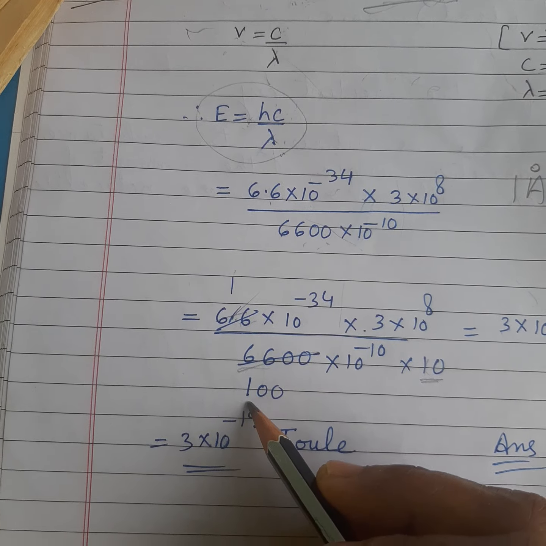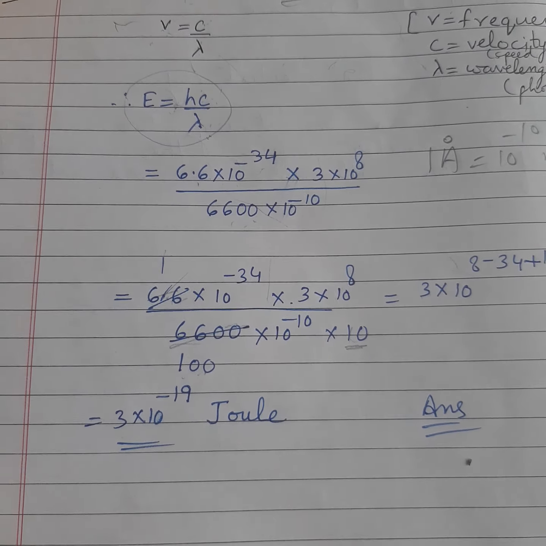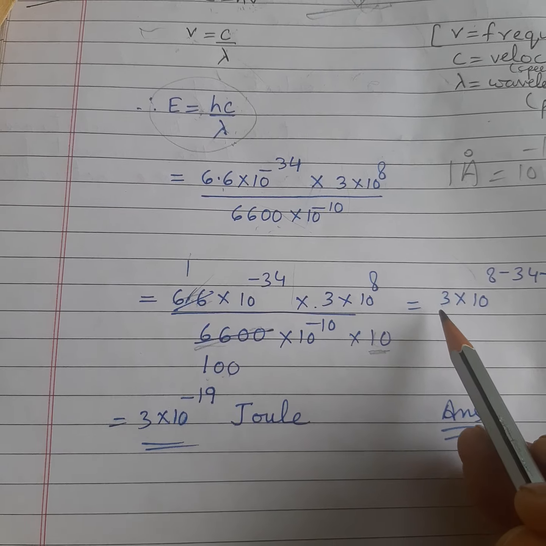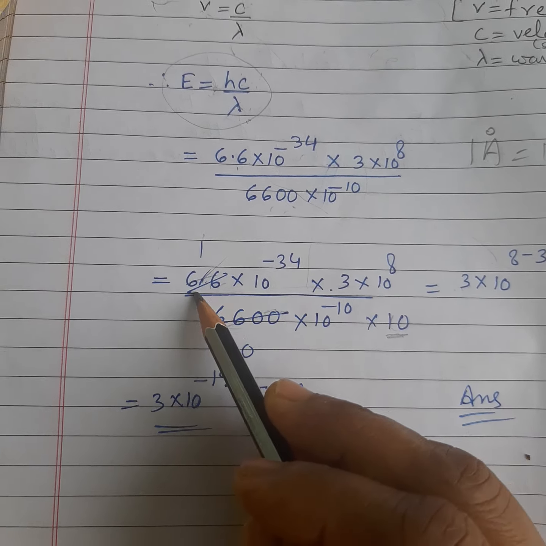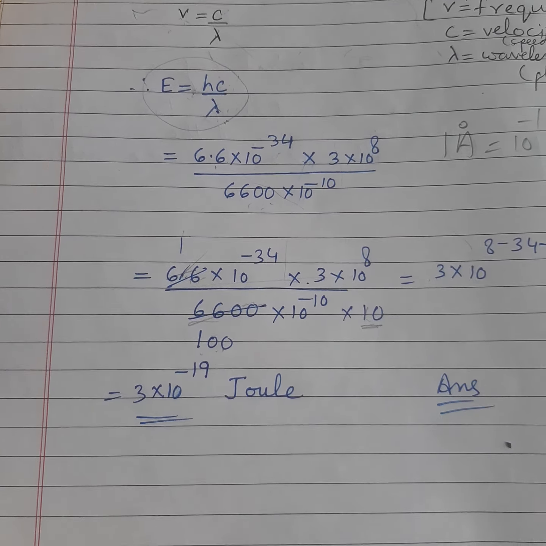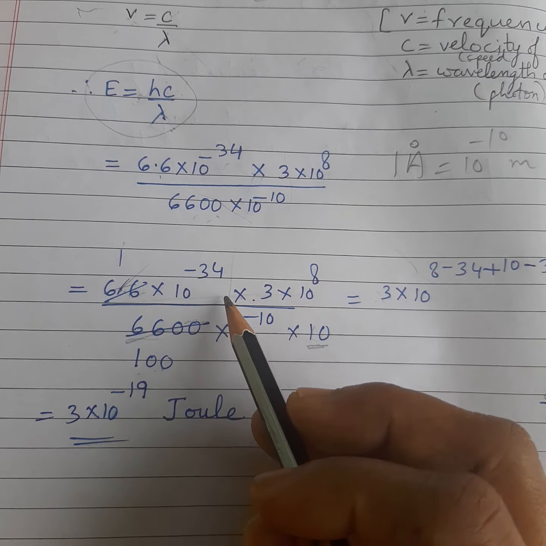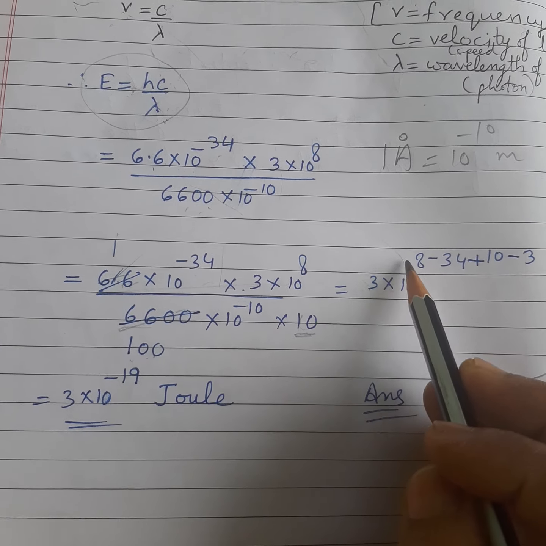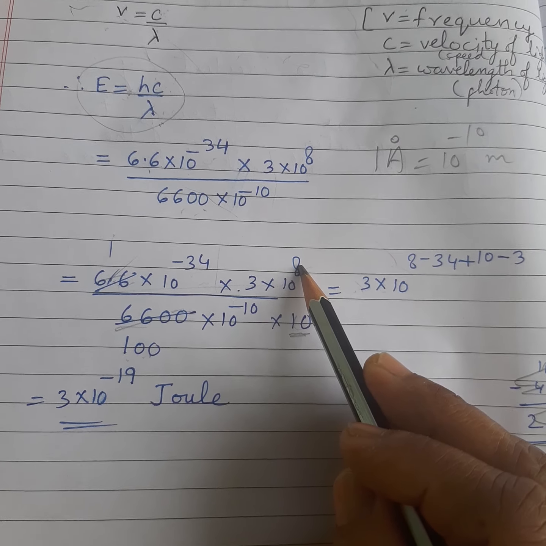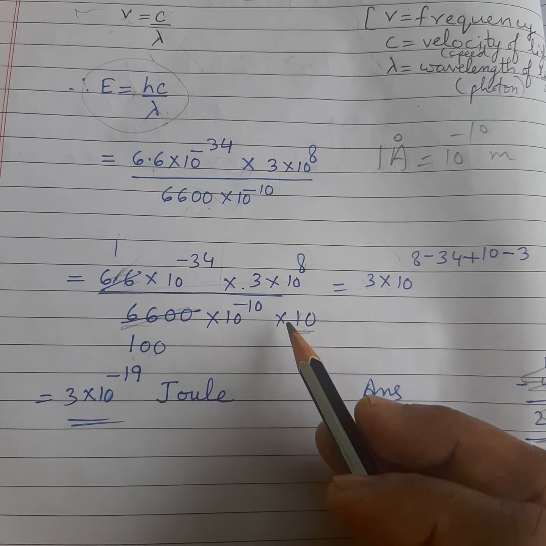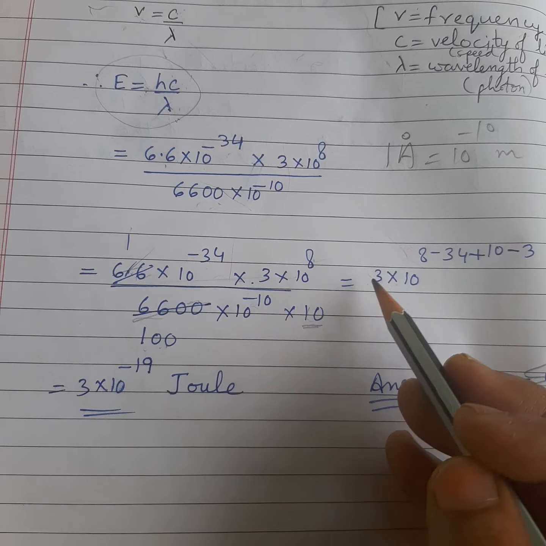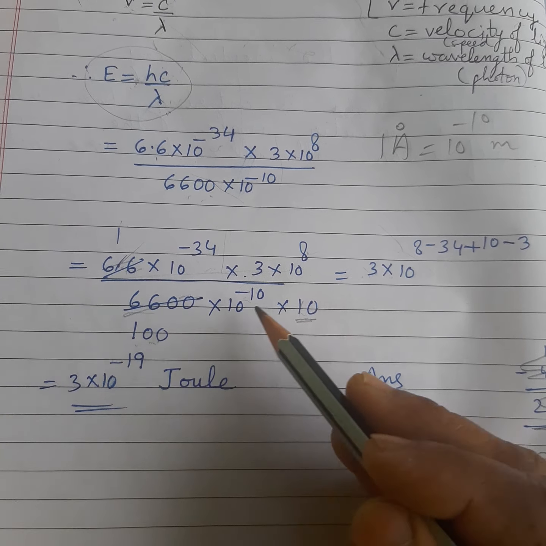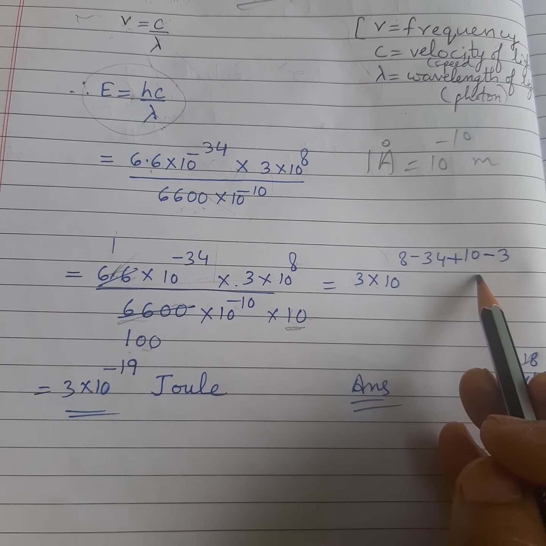Now we'll see whatever numbers are coming, because now no term will cancel. So 3 is there, and into 10 power. See how many powers are there for 10: minus 34 plus 8 on the top. From below we take minus 10, it goes up and becomes plus 10. 2 and 1, 3, 10 power minus 3.